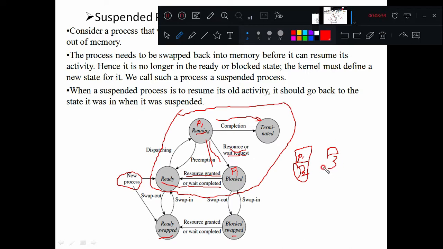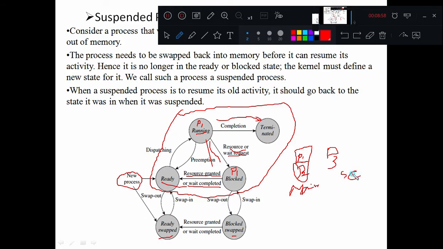In this case, the operating system will check the frequency of either P1 or P2. If P1 is less frequently executed, then P1 has to be replaced by P3. Since P1 is in a blocked state, it has to be swapped out from the main memory. So this is main memory and this is secondary memory.